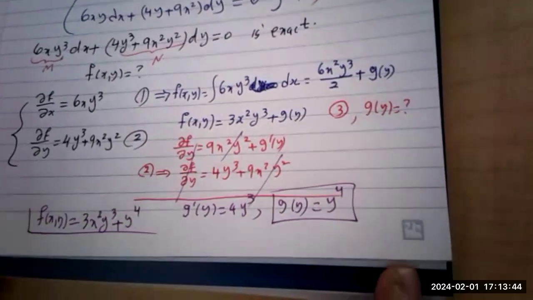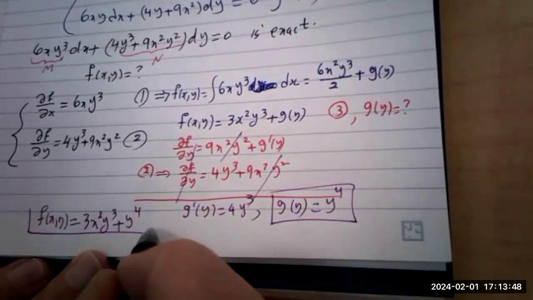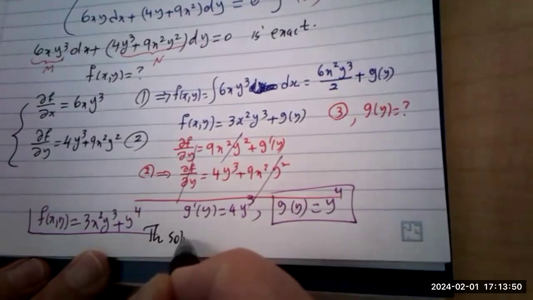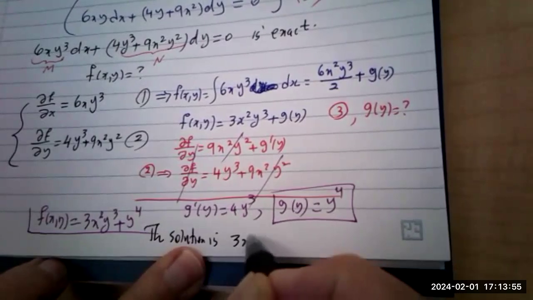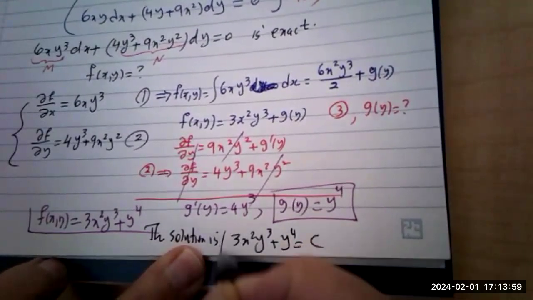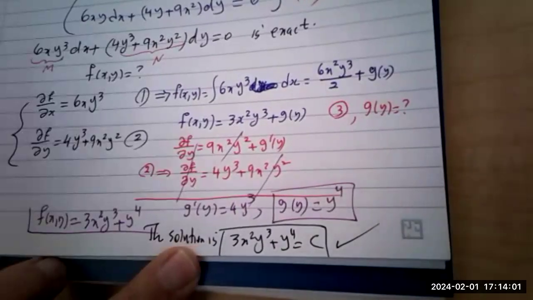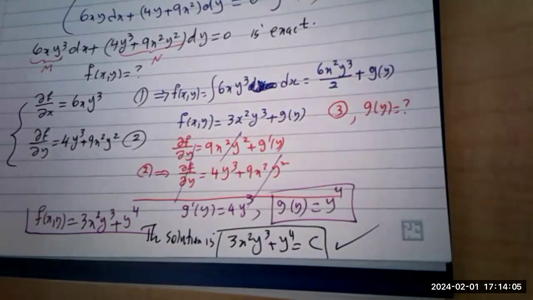That is your function, and the solution of the equation is when you let it equal to c. The solution is x squared y cubed plus y to the 4th equal to the constant c. It's a nice format, nice equation.